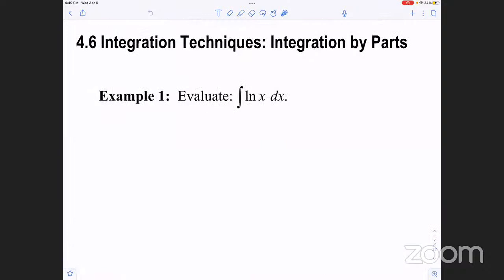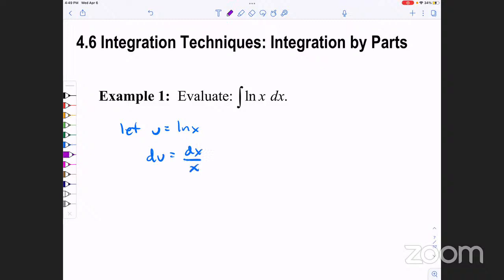Evaluate the integral of ln x dx. Okay, so let's do this. Let's let our u be something that is easy to differentiate, so we're going to let u be ln x. That means our du would be dx over x.